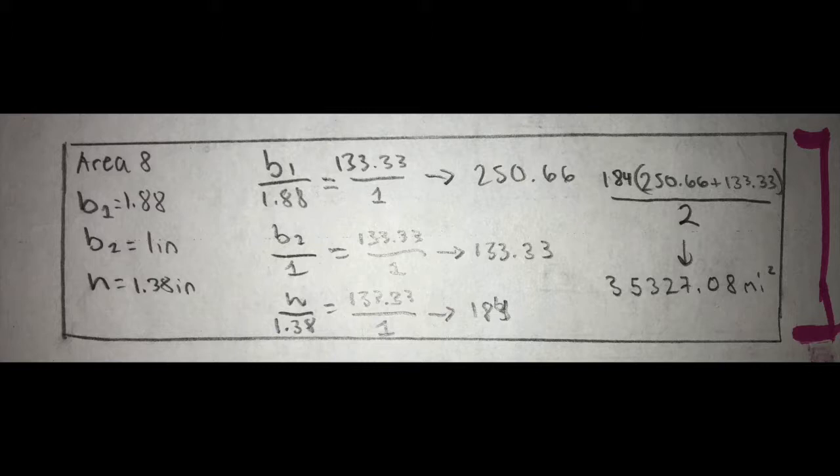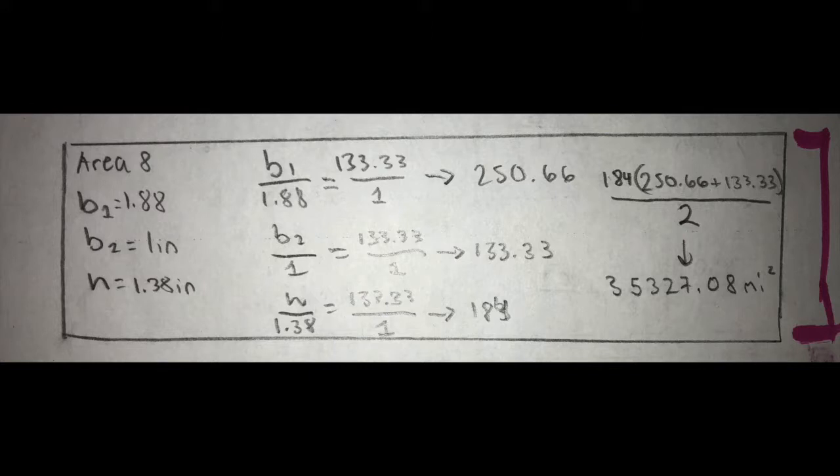For area 8, we got a first base of 1.88, a second base of 1 inch, and a height of 1.38 inches. We got two bases because the shape of this area is a trapezoid. For the first base, we set base 1 over 1.88 inches equal to 133.33 over 1, getting a total of 250.66 miles. Then we set the second base to a ratio of base 2 over 1 equal to 133.33 miles over 1, getting a total of 133.33 miles.